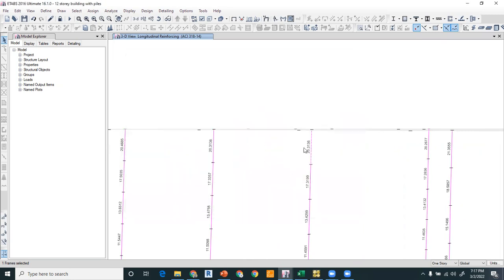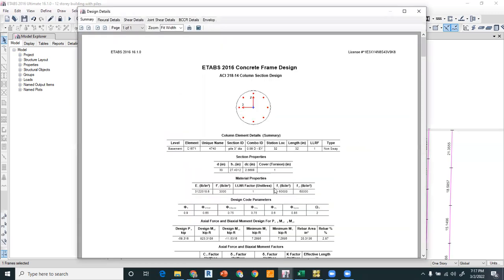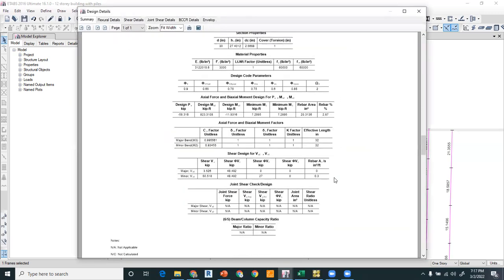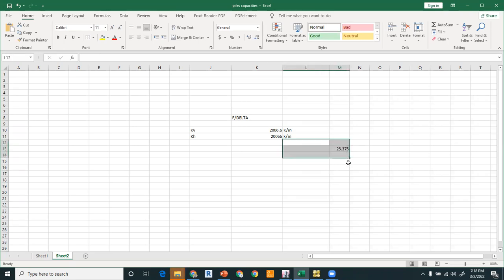But for the other load combinations, it is greater than 1%. If you go to the summary, this will be 2.87%, which is 20 inch square. If you take 20.3 inch square and divide by 0.8, number 8 bar, then you must provide 25 bars to the piles, and you can go for 26, right?